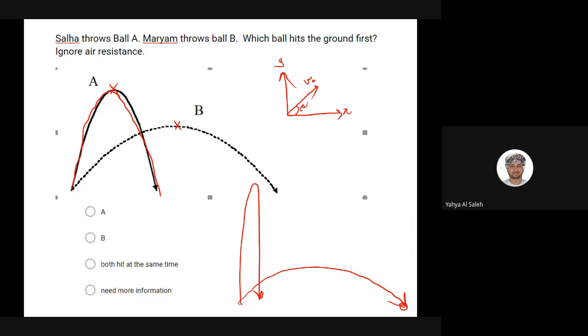So it turns out, and that is why I told you this question is actually trickier than you would think, the correct answer is that we need more information. The amount of information I have given you is not enough to answer this question.